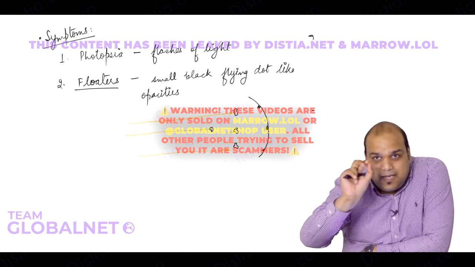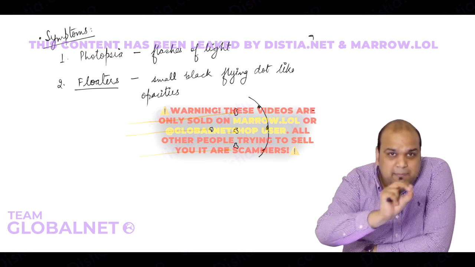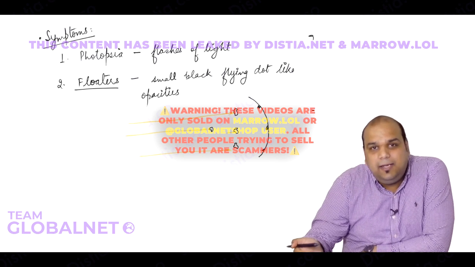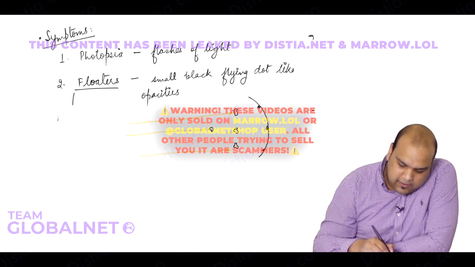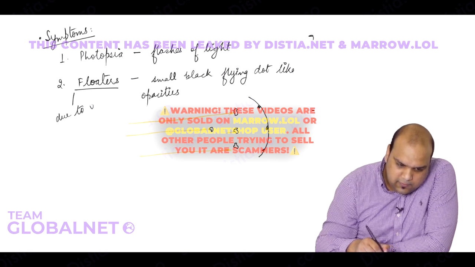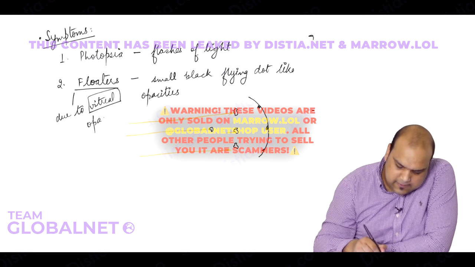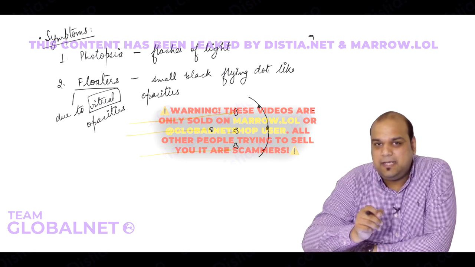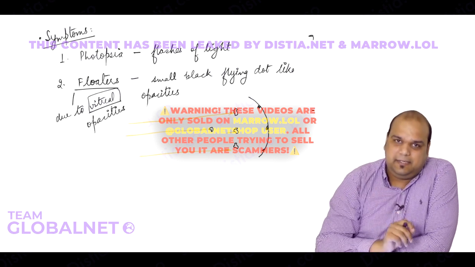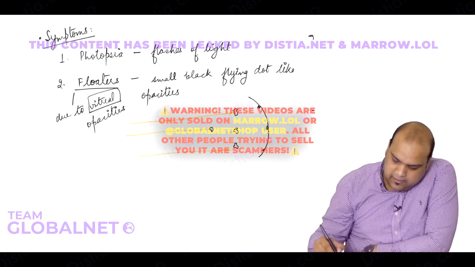So the patient will say, I see small dots which keep on flying in my visual area. Okay, everybody? So please understand that floaters are due to vitreal opacities. So whenever somebody is complaining of floaters, it means that vitreous is affected. Am I clear to everybody? Now, number 3.